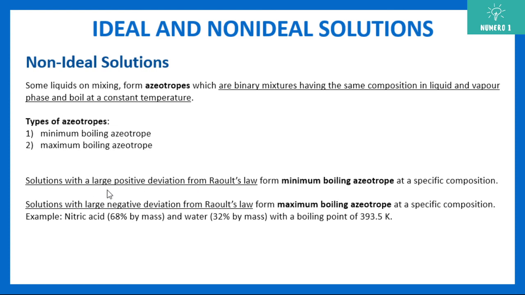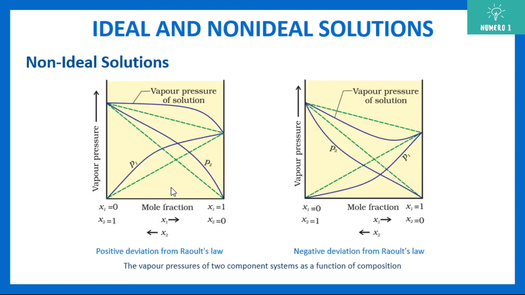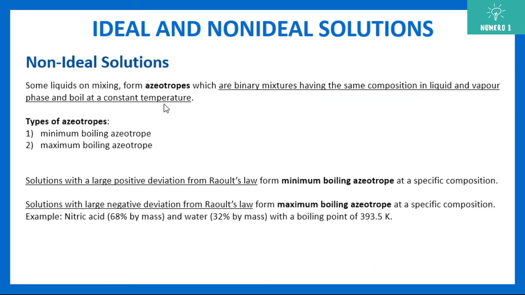Let's go back. If you see here, the positive deviation is quite large. Whenever the positive deviation is large, that means the components are volatile. Volatile meaning they will evaporate much faster, right? So obviously they need less temperature to vaporize. That's why whenever there is large positive deviation, minimum boiling point will be observed.